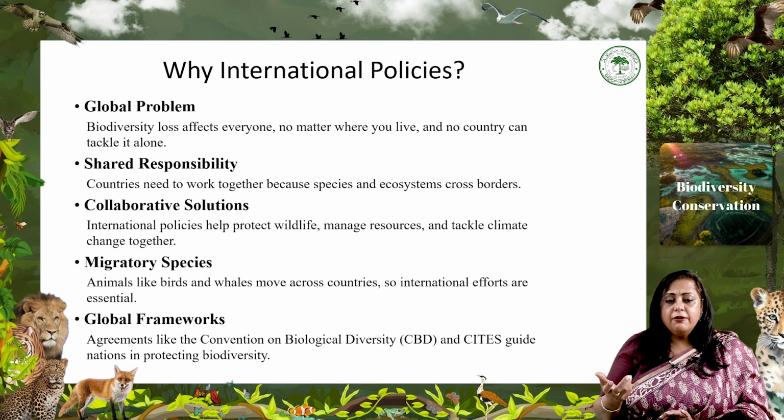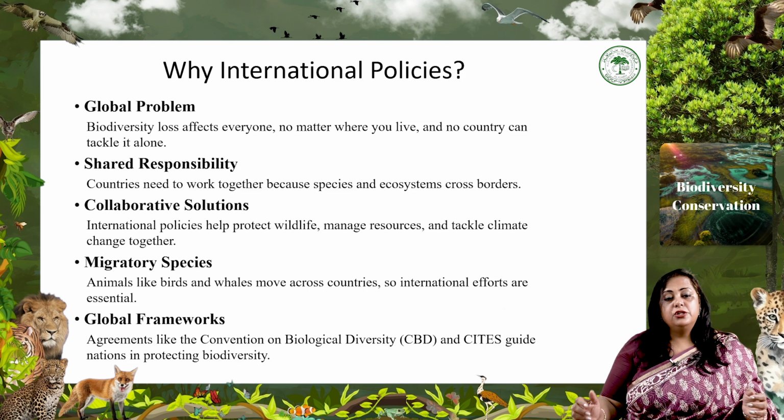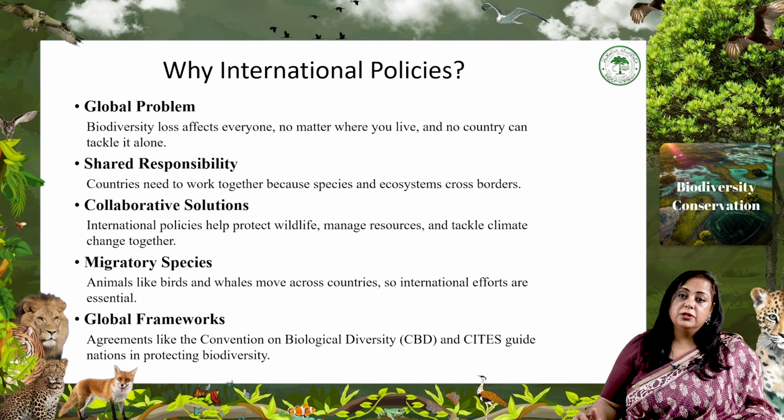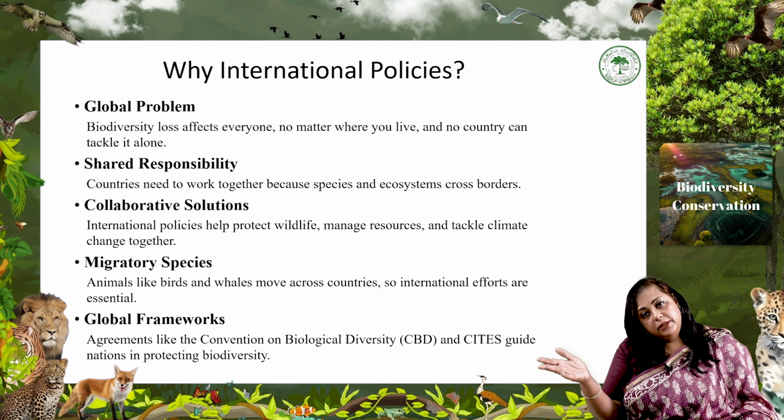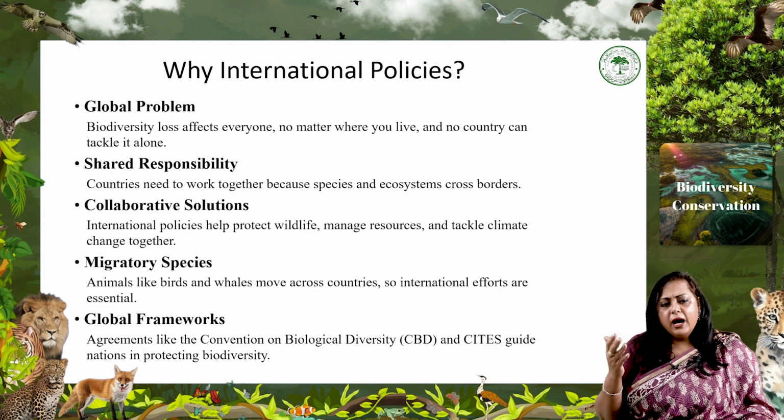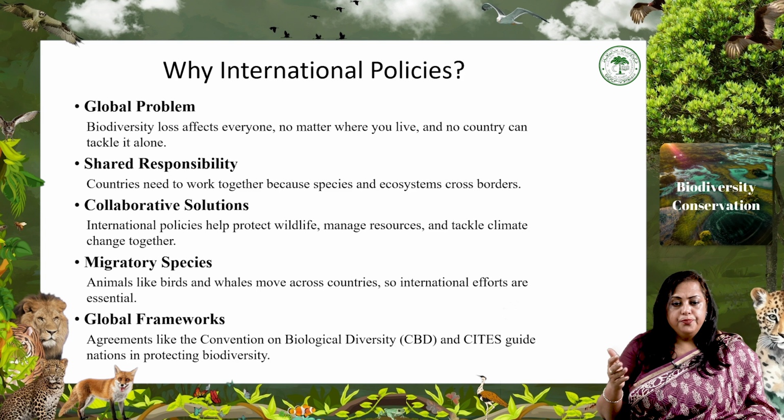So international efforts are essential to address such issues for conservation. Only one country cannot do it, because the animal is traveling from one country to another country to a third country. So we have to address all these issues.